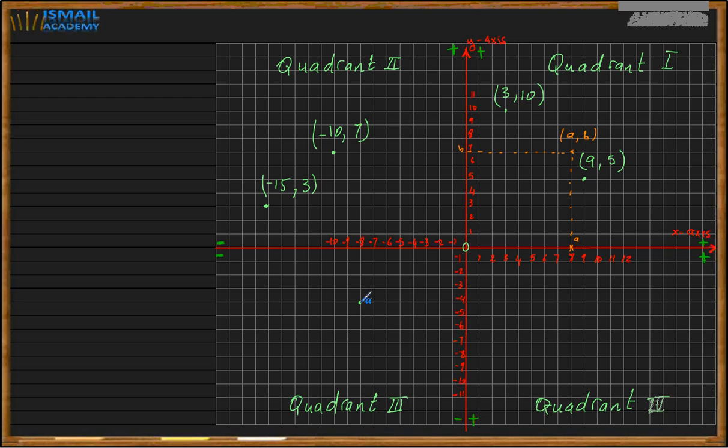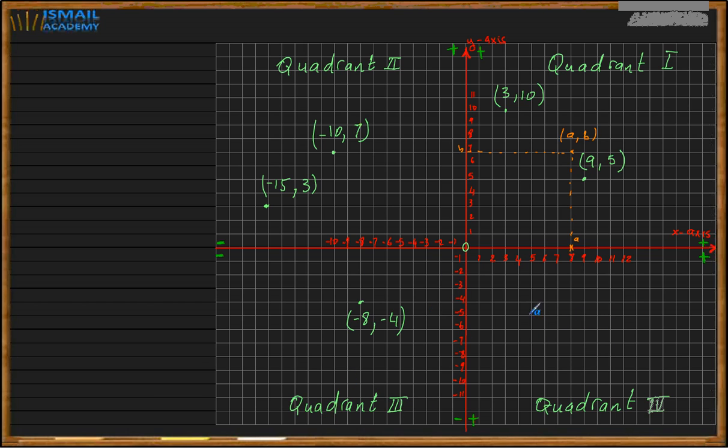If I pick, for example, that point, it has coordinate -8 on the x-axis, and the y coordinate is -4. So any point you pick here, both coordinates are negative.